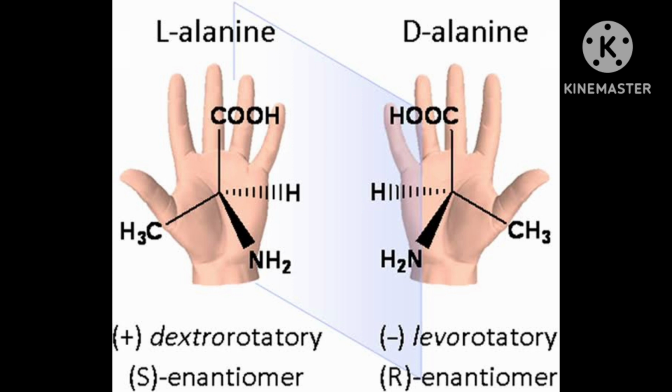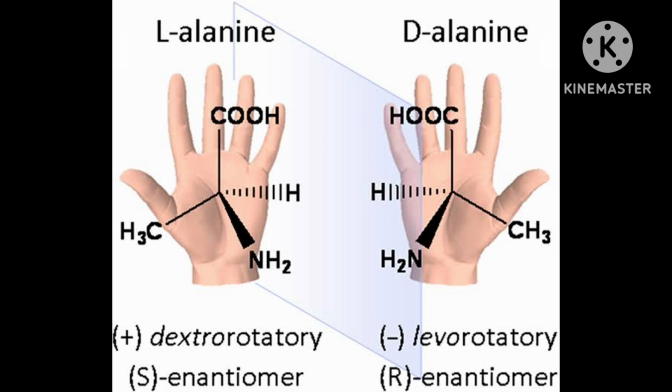That entire molecule, that carbon including four groups, will be called an asymmetric molecule. The asymmetry of the molecule is responsible for the optical activity in such organic compounds.